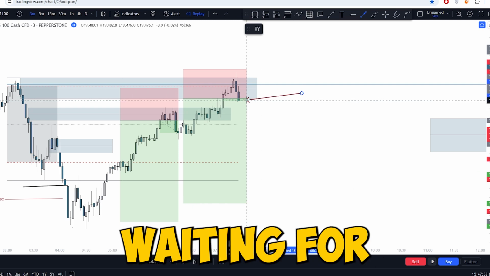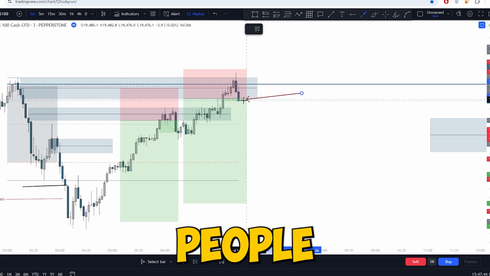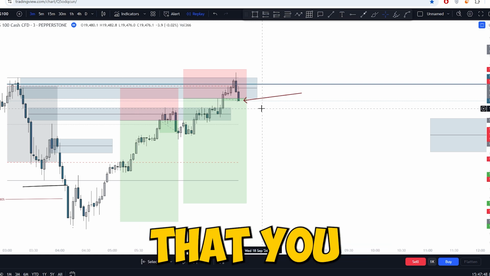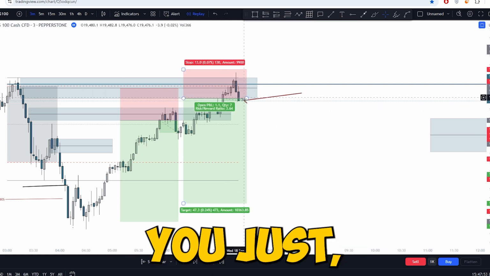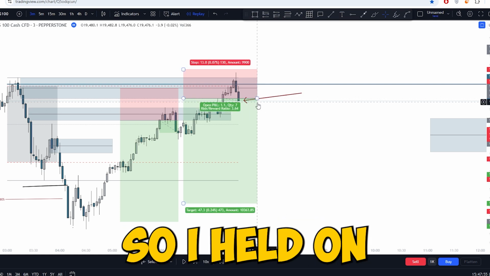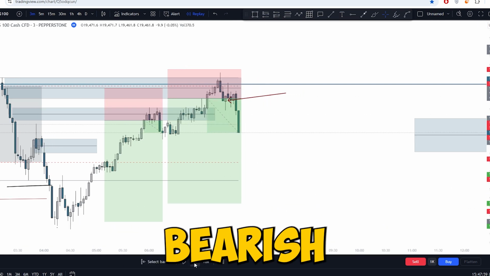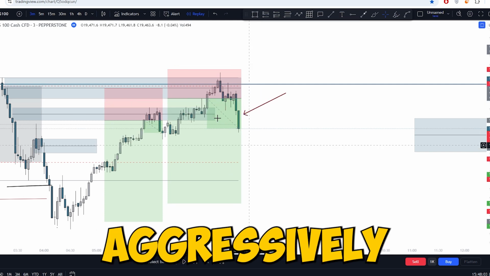So what I was waiting for next is a two candle swing, as many people call it, but it's just 2 consecutive candles in the direction that you anticipate price to be moving, and then you market execute, or you just hold on to your entry. So I held on to this entry. If this candle closes bearish, we want price to move to the downside aggressively even further.